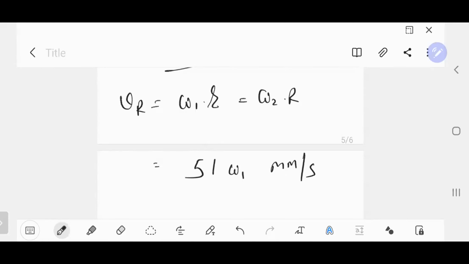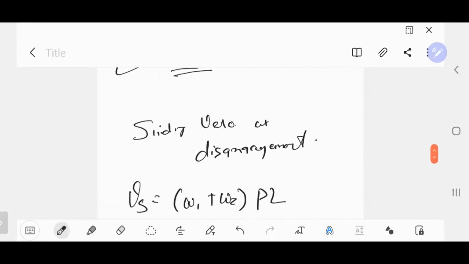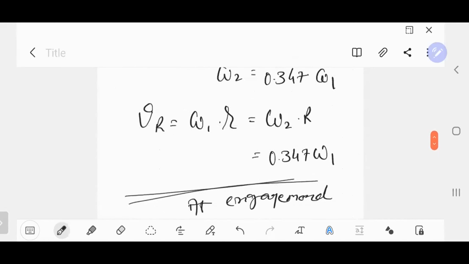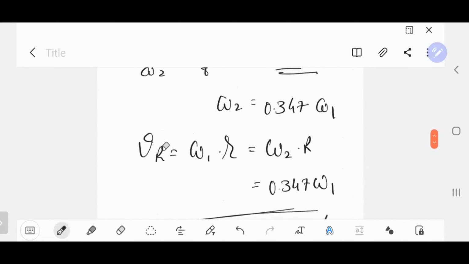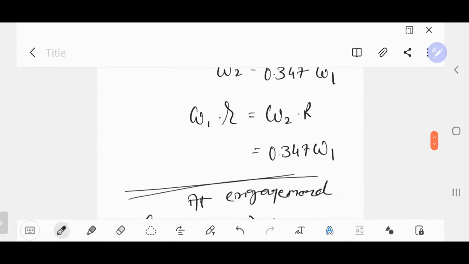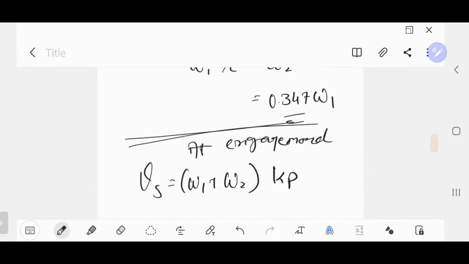This is the VR actually. We have just used this condition, omega 1 into R is equal to omega 2 into R, to find the value of any one individually.